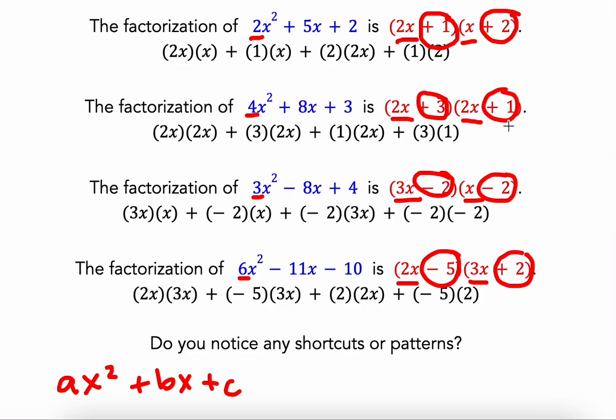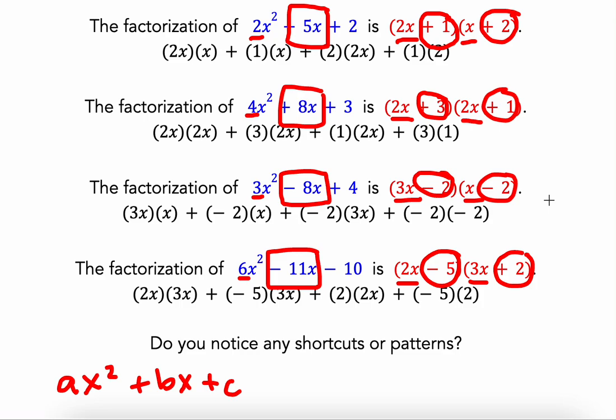But let's see the middle terms now. The 5x, the 8x, the negative 8x, and the negative 11x. That one is a little harder to see, right?